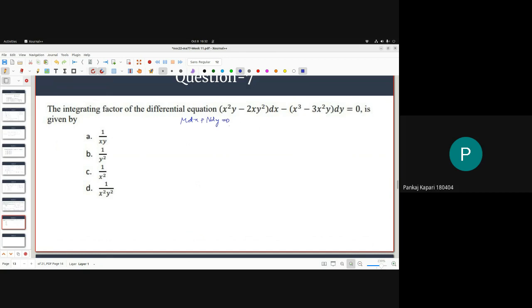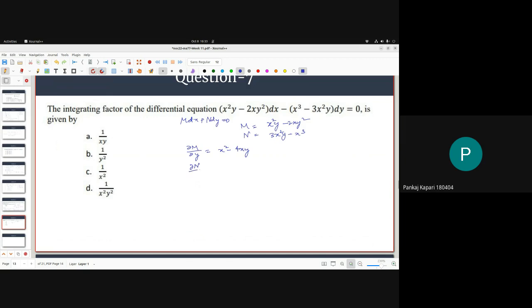So we will write it in terms of M dx plus N dy is equal to 0. If you write it in this form, then what is your M? Notice that M is x square y minus 2xy square. N is 3x square y minus x cube. Okay, so let's see if this differential equation is exact or not. So del M over del y is x square minus 4xy.